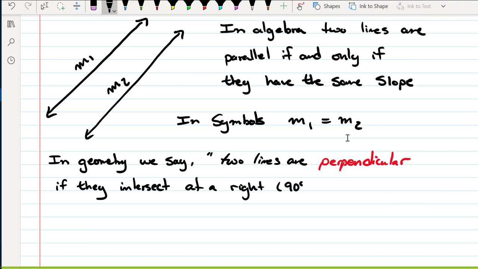And a right angle means a 90-degree angle.